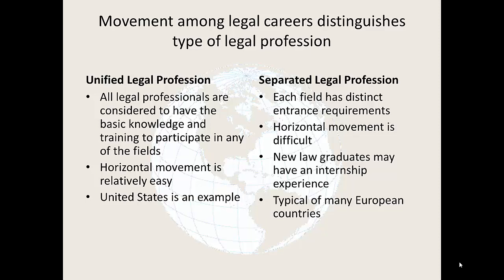And that person would not have to go back and get different degrees that would just require becoming specialized in some of those areas that they aren't as familiar with. In this way, we're talking about the movement amongst the various legal careers as being fairly easy.